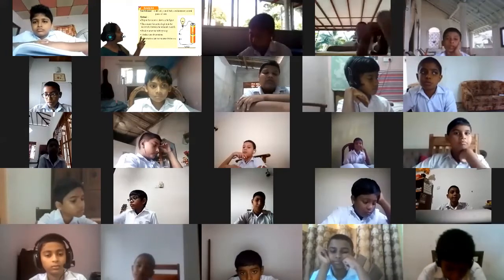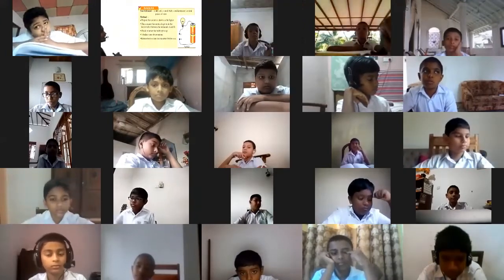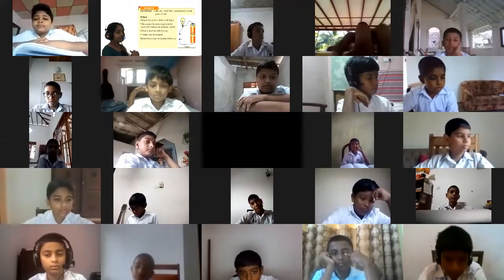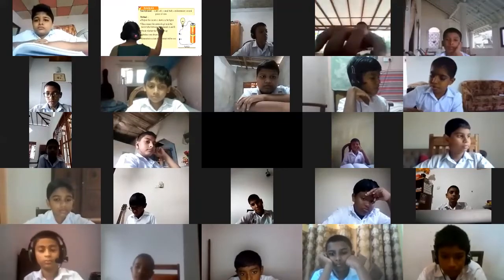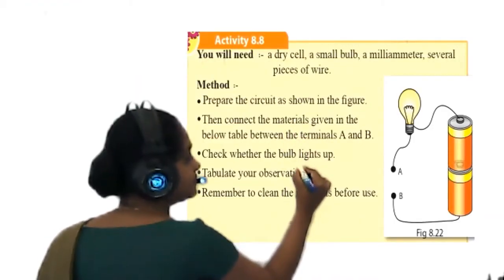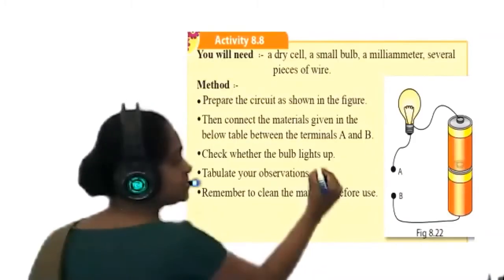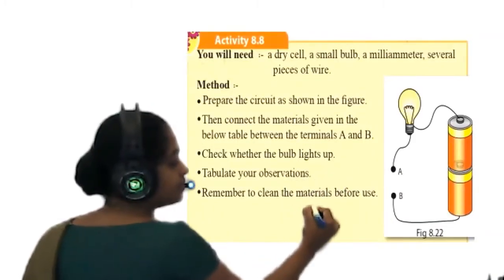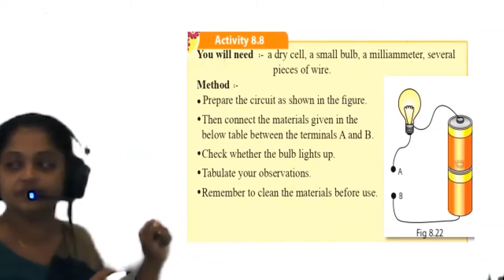Okay, now I'm going to draw that circuit. This is the circuit here. We use dry cells like that. These are the dry cells we used here. Children, please draw the diagram with me.